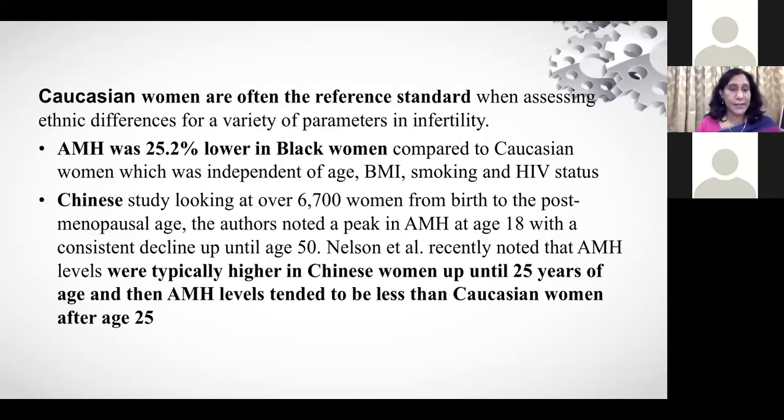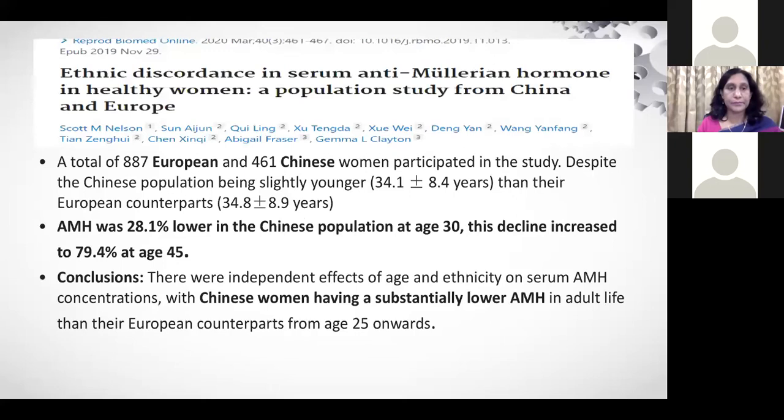The Chinese were compared, and what they found was that AMH levels were typically higher in Chinese women up to age of 25 years, and then AMH levels tend to be less than Caucasian women after age 25. So in this study by Nelson et al., when they compared European and Chinese, they found that AMH was 28% lower in the Chinese population at age 30, and this increased to 79.4% at age of 45.